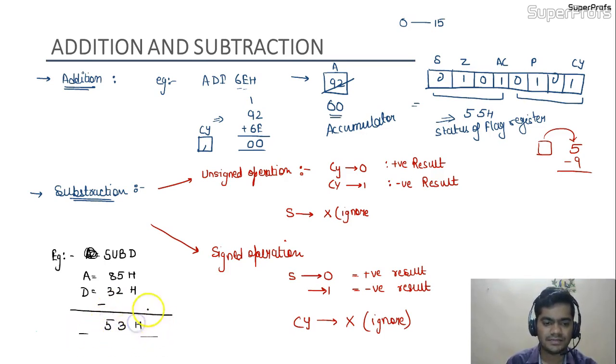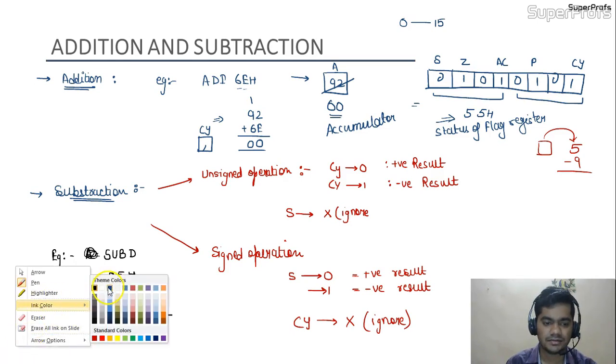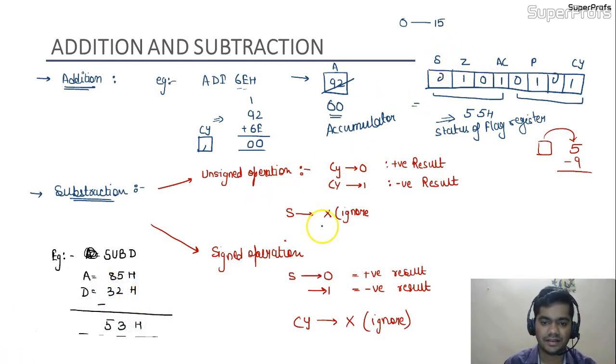Okay, so from this we can comment on all the status of the flag register, but for the sign flag we have to ignore it. Okay, and for zero flag, as the output is non-zero, the Z flag would be reset.